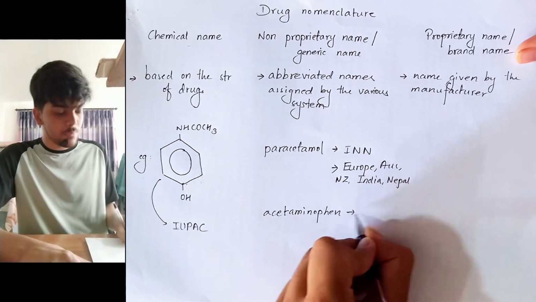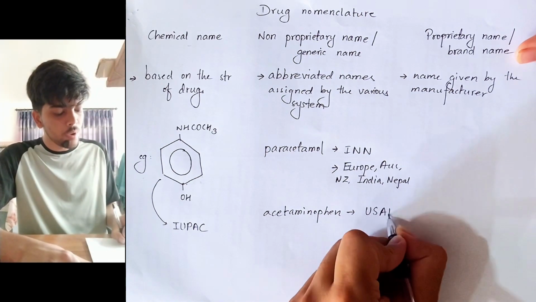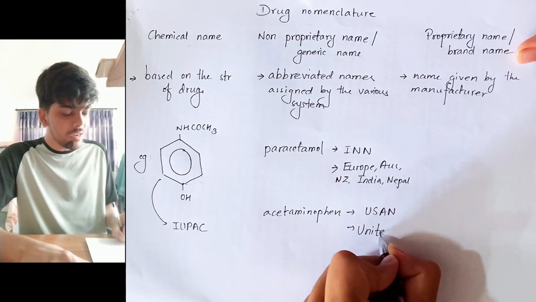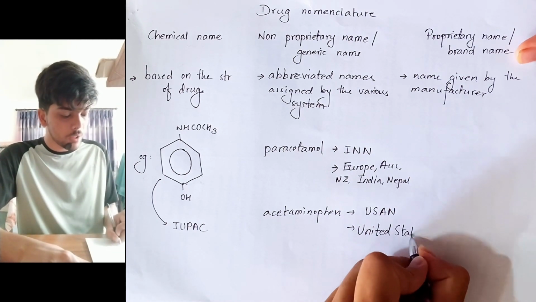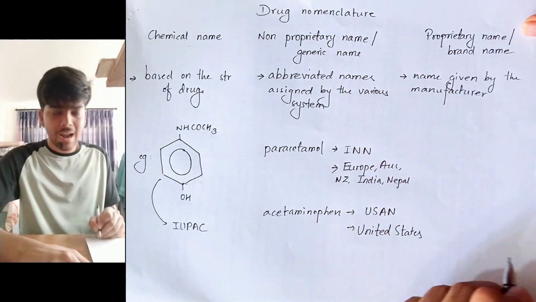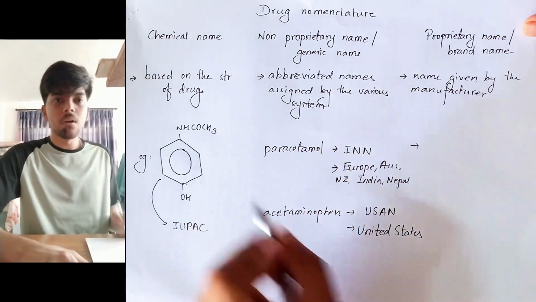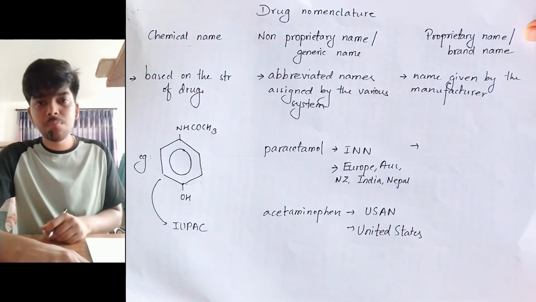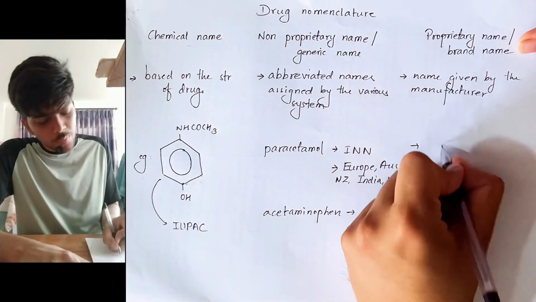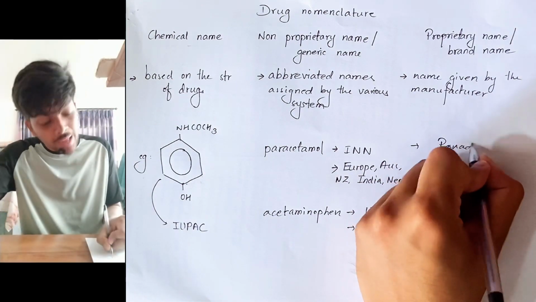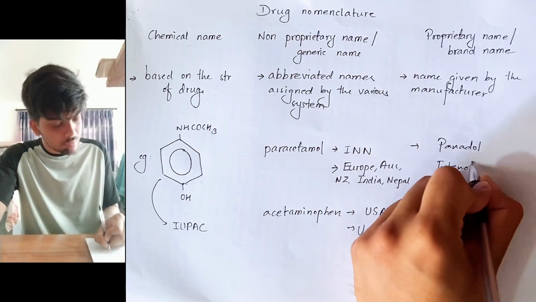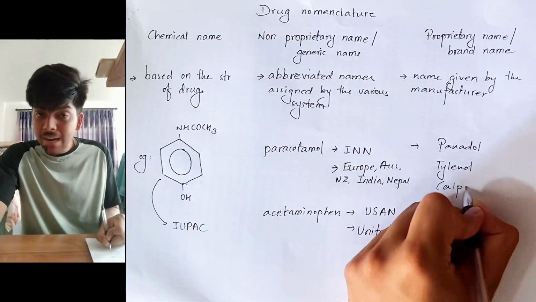Acetaminophen is the generic name given by the system called USAN, and it is used widely in the United States of America. Finally, there's the proprietary name or the brand name. The same drug has been given various names depending on who is the manufacturer of that drug. For example, there's Panadol, which is a paracetamol, Tylenol, which is a paracetamol, Calpol, which is a paracetamol.